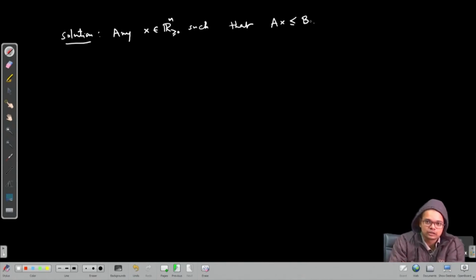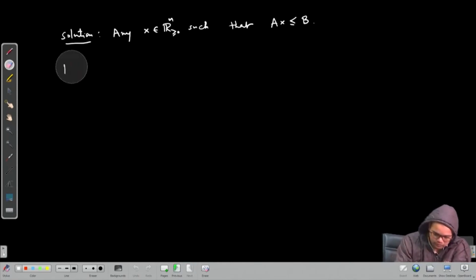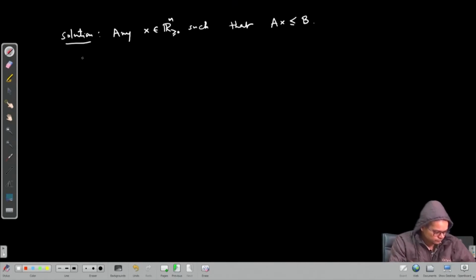That is called a solution. The second one is called a vertex, or extreme point solution; it has a couple of names.